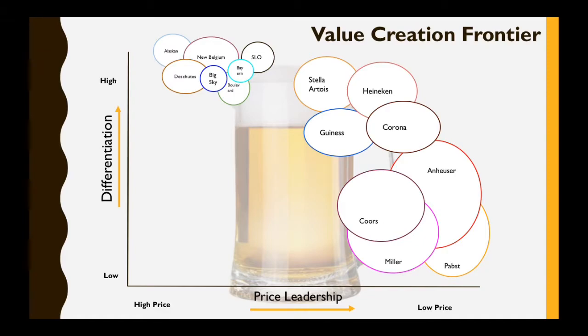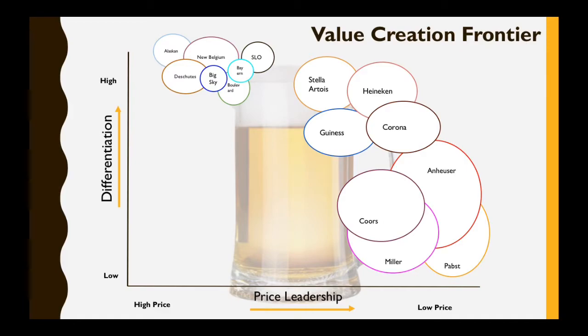In Big Sky's strategic group of craft beers, you can see their competitors. New Belgium is the largest bubble in their market. They produce the most barrels each year in that group of their most direct competitors, and Deschutes is right behind them. Alaskan beer is furthest to the left as they're the highest priced.